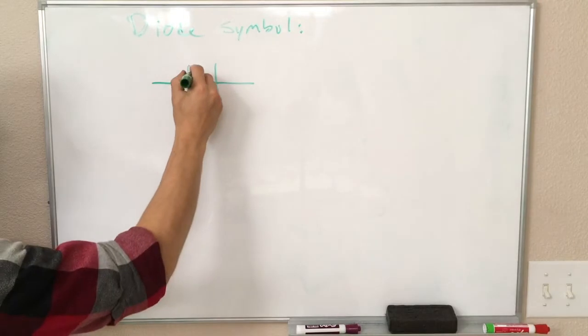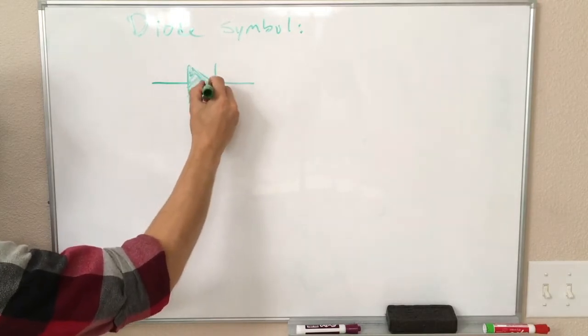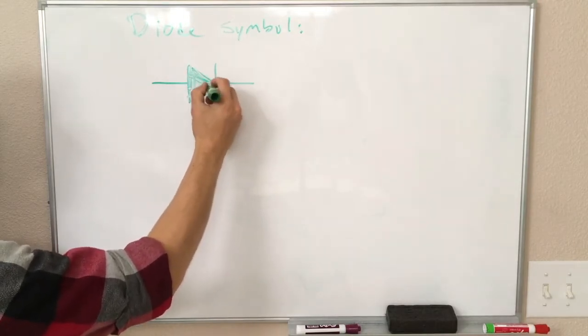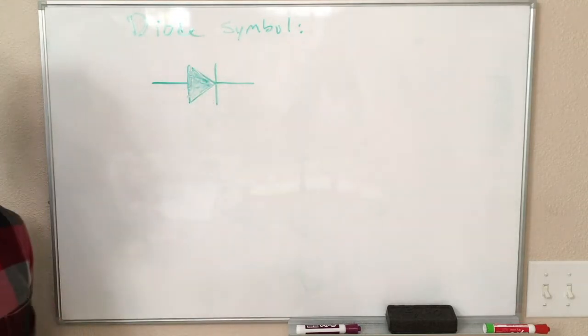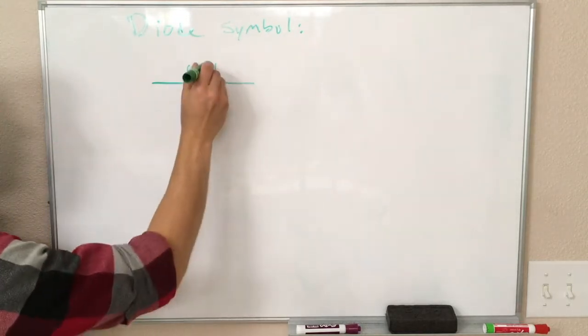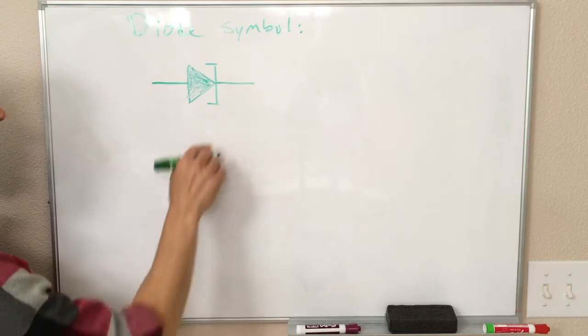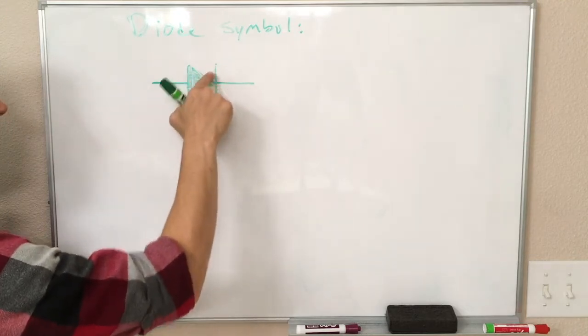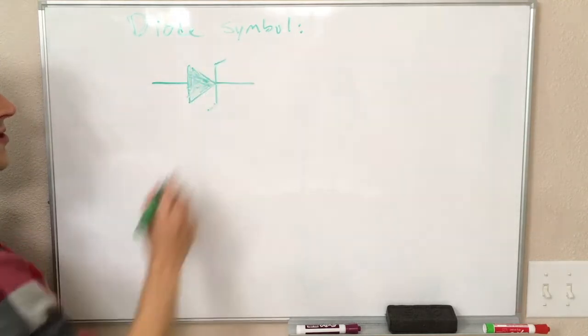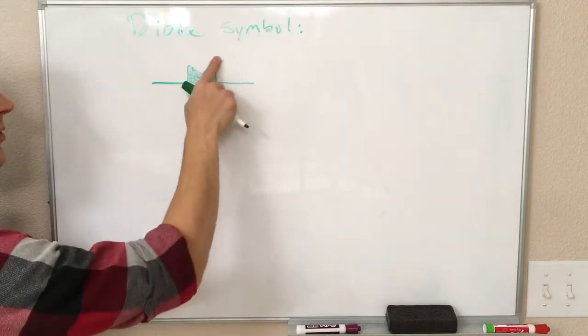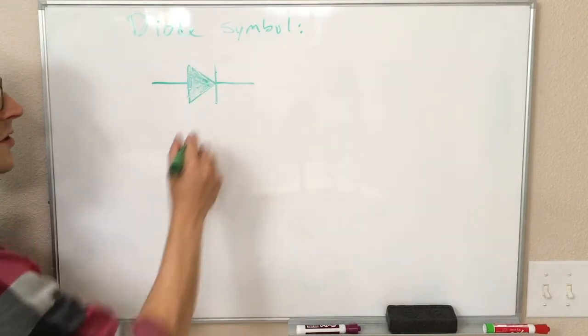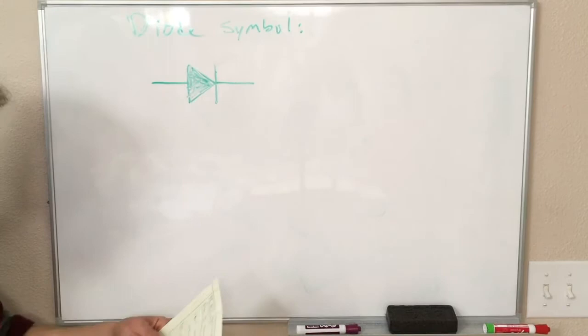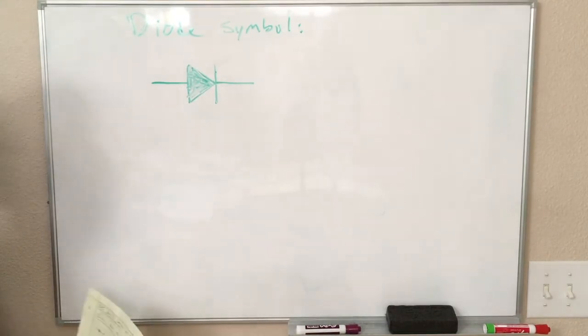Sometimes this triangle is filled in, sometimes it's hollow, it doesn't matter. There are lots of modified diode symbols with different modifications of this part. So these all mean different things. So for a regular diode, this should just be a straight line. We'll learn about some of the other ones later on in the course.